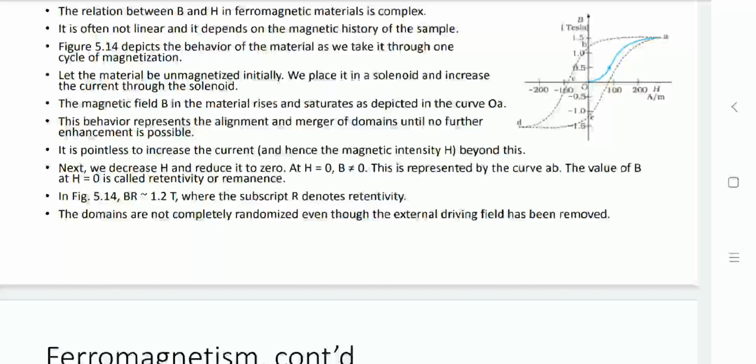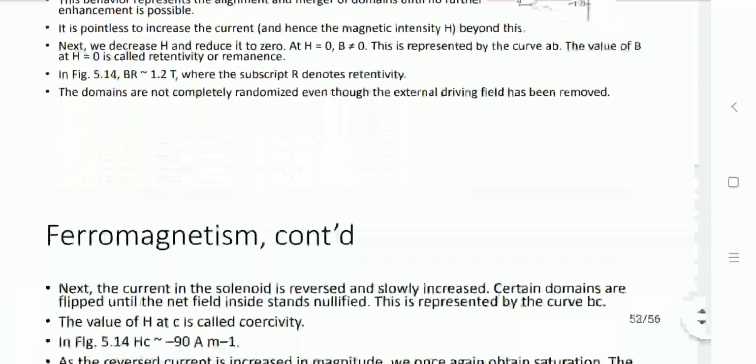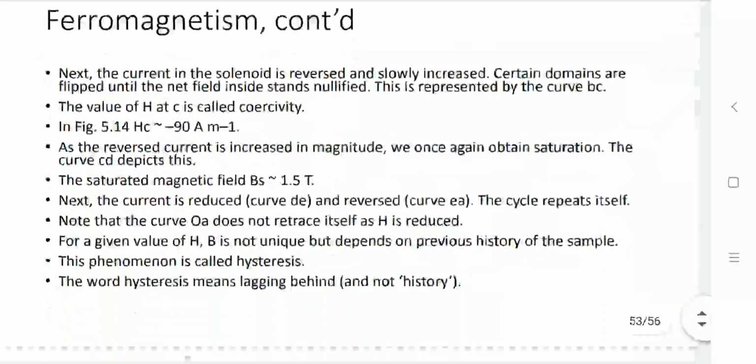Here we can say that the magnetic field does not directly depend on the external field or magnetic intensity H, but it depends on the previously generated magnetic field. So this is known as a hysteresis loop, which is quite important.